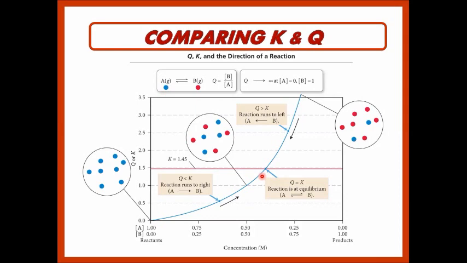However, in the case when Q does not equal K, Q may be less than or greater than K. Comparing the reaction quotient Q to the equilibrium constant K informs chemists about the direction the reaction must proceed in order to reach chemical equilibrium.